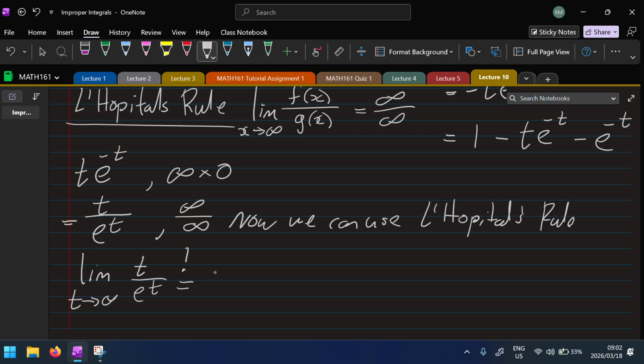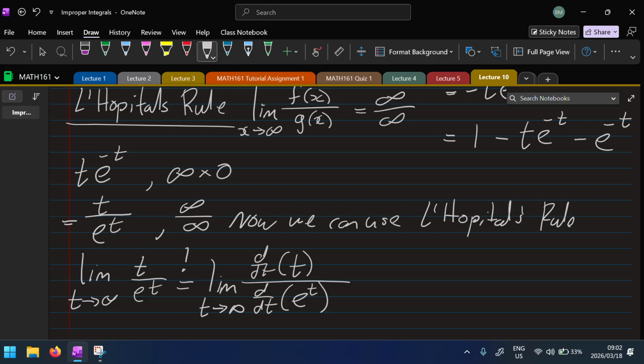So this is the same as the limit as t goes to infinity, d by dt of the top, d by dt of the bottom. Okay? And if this gives us an answer, then that's the limit value. If it is still infinity over infinity, we do L'Hopital's rule again, and then maybe again and again until we get some answer.